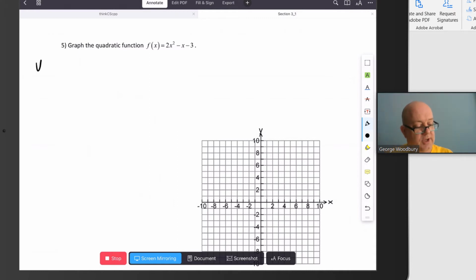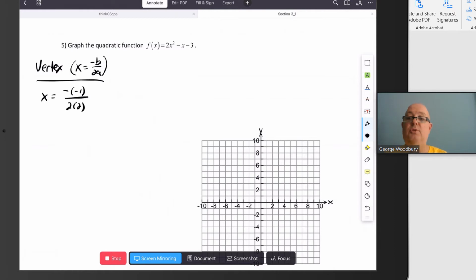First, the vertex. And again, that is where x equals the opposite of b over 2a. Here, that's going to be x equals the opposite of negative 1 over 2 times a, which is 2. We get positive 1 over 4. So the x-coordinate of the vertex is 1/4. To find the y-coordinate, we're going to find f of 1/4.